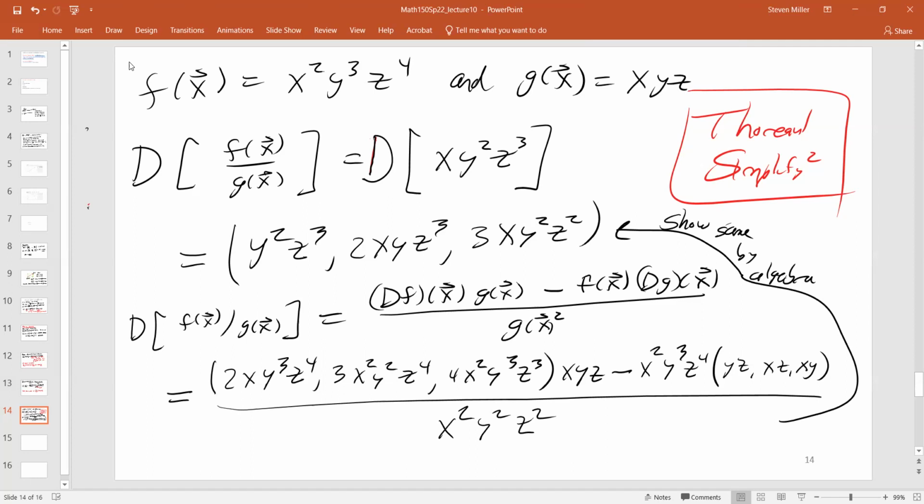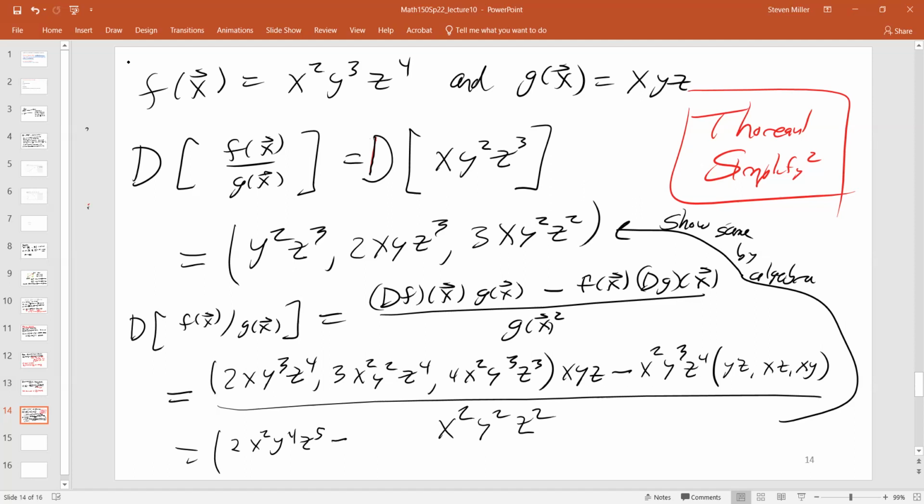Let's look at just one component. For the first component, we have 2x y cubed z to the 4th times x y z. So we're going to have 2x squared y to the 4th z to the 5th, right?